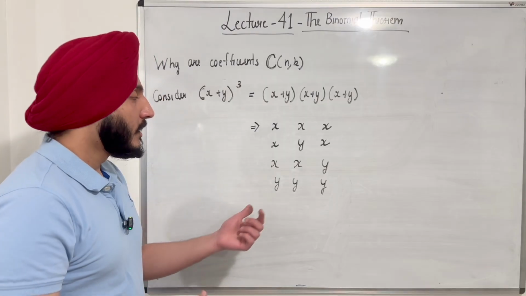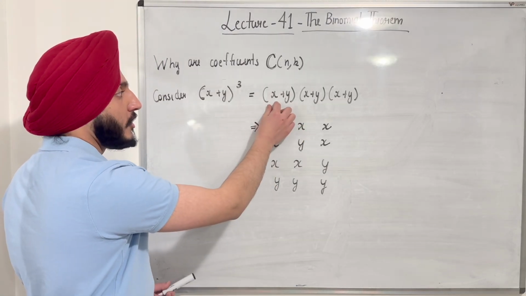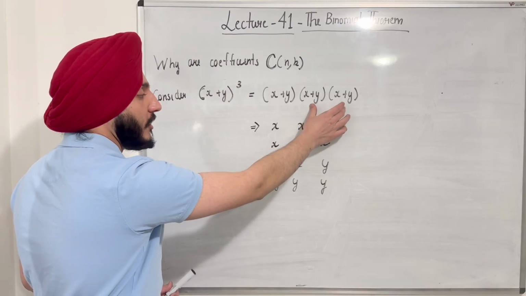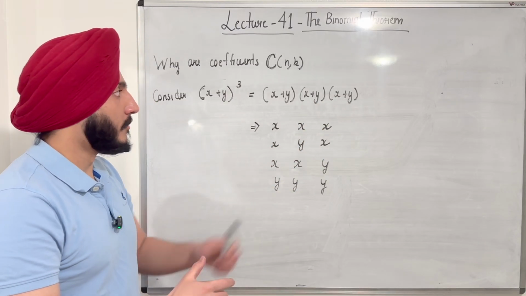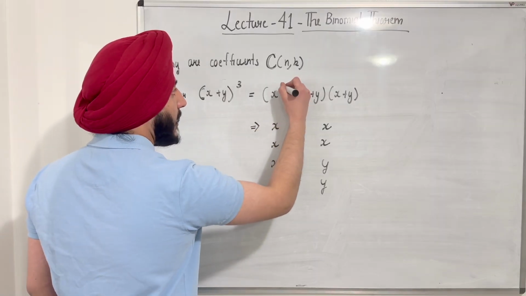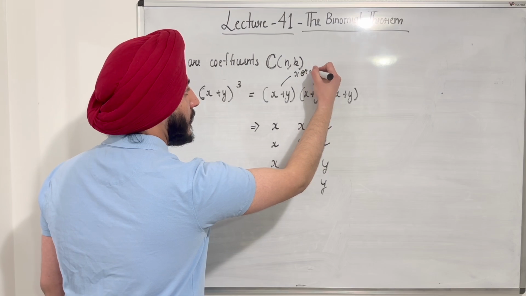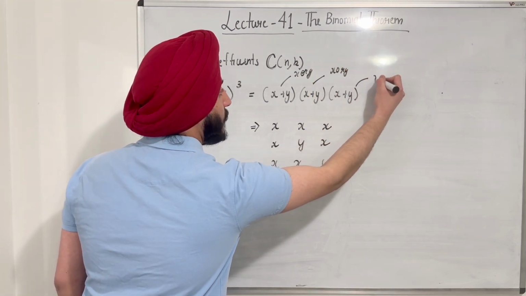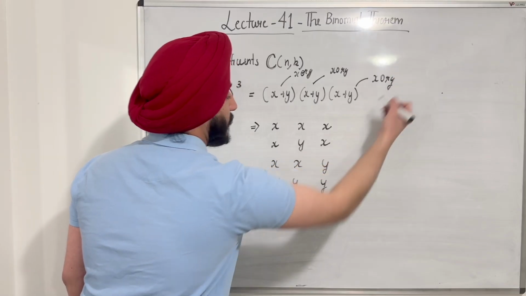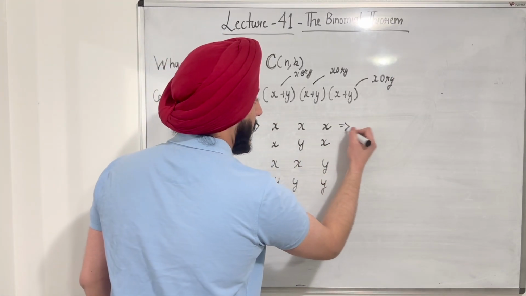Think about this. Whenever you're multiplying this, you pick a term from the first bracket, then the second, then the third. So from each of these brackets, the basic idea is you're picking one term. From the first bracket, I'll pick either x or y. From the second one, I'll pick either x or y. And same thing for the third one. Let's say if I pick 3 x's, it would result in x cubed.